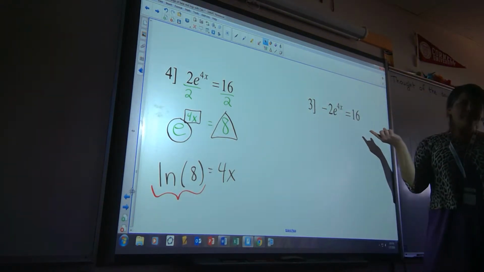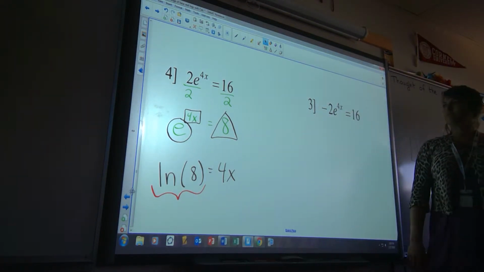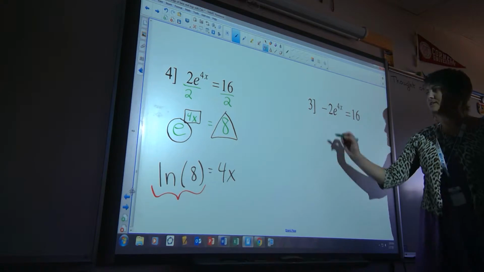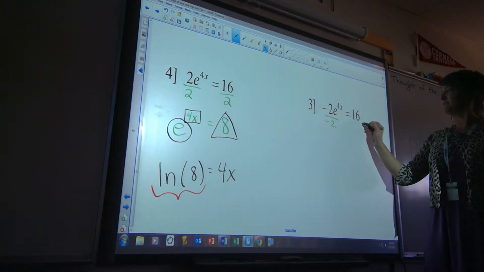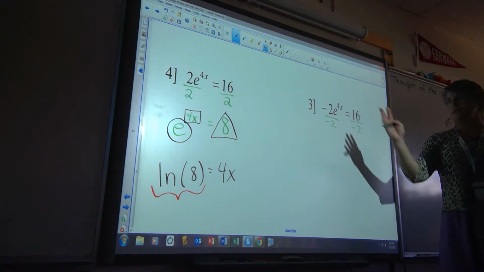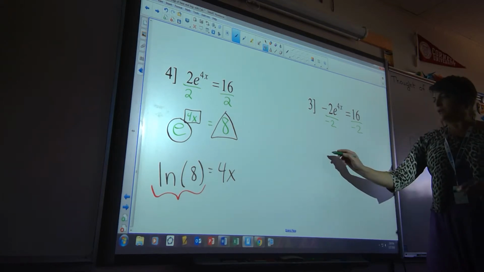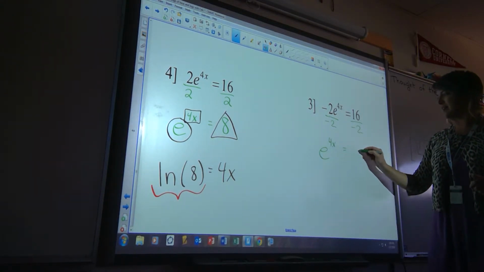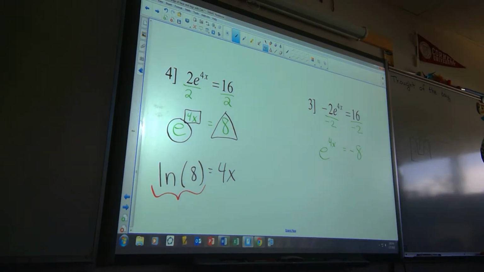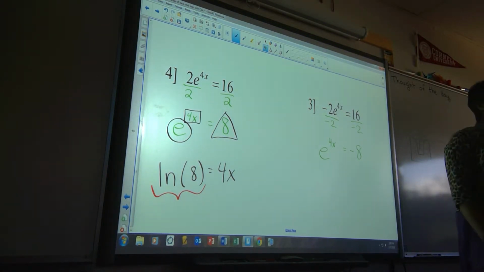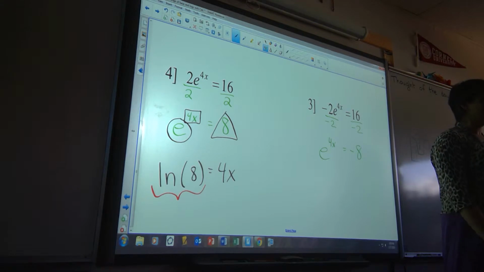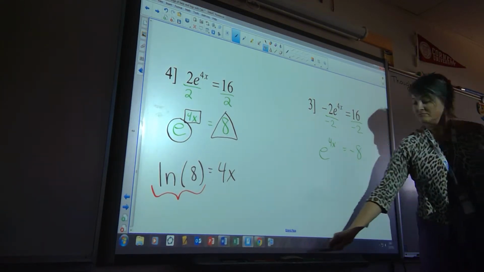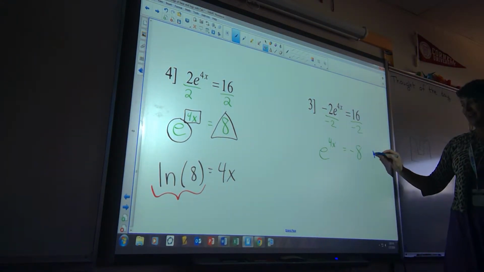So this one's really similar. There's one subtle difference that makes a big difference. So let's say you divide both sides by -2. Excuse me. You get e to the 4x equals -8. That's not possible. Now, hopefully you would catch it right here.